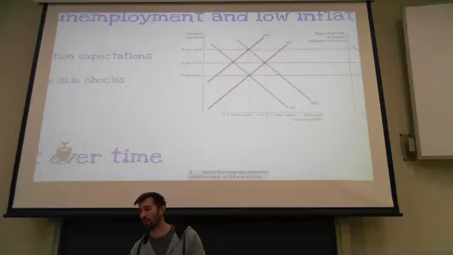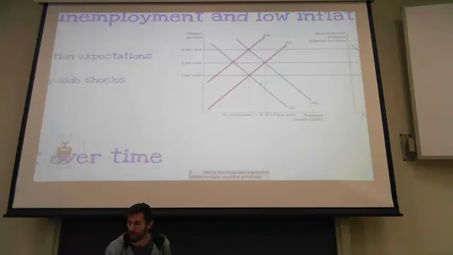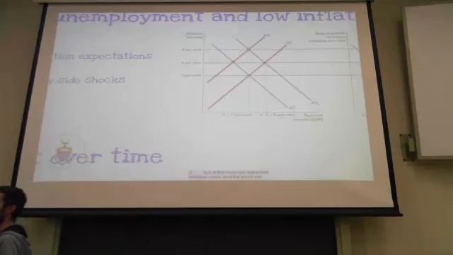In the long run, however, all it led to was inflation, right? And no change in output, no change in employment. So if our initial point A had been at full employment, what we would ultimately end up with is a point D, a point with higher prices but the same level of output, the same full employment rate, right?